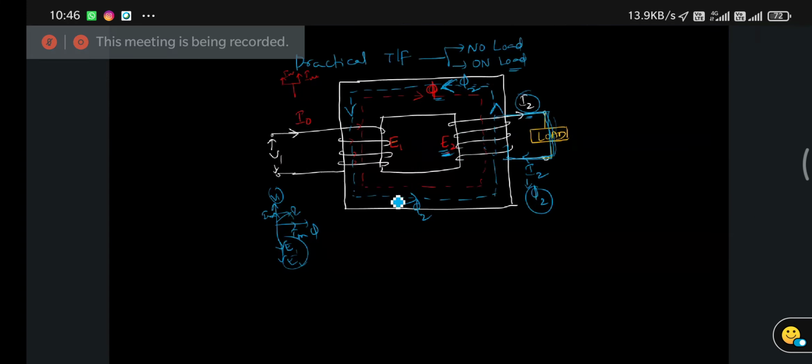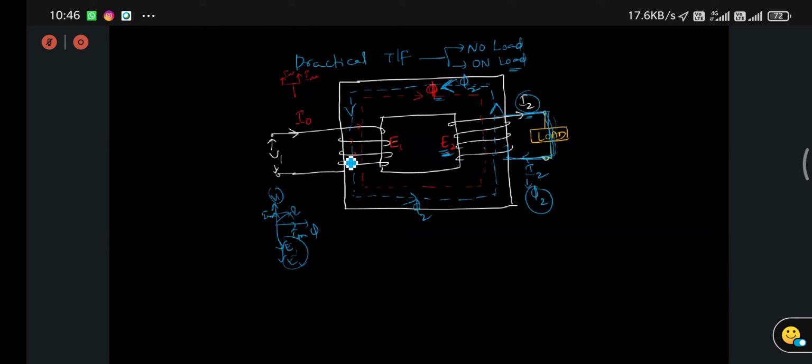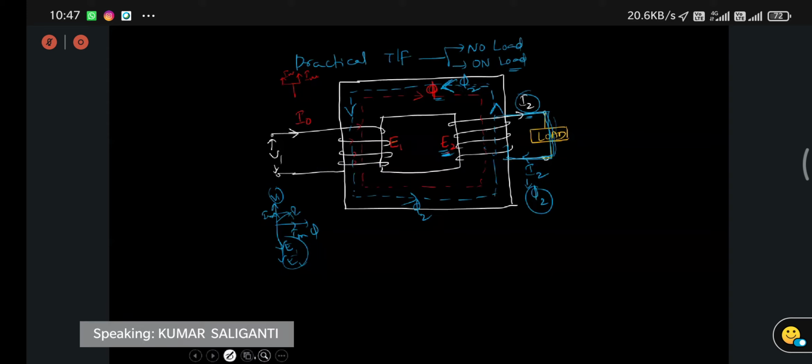This flux links with the primary winding and secondary winding. When this Φ2 links with the primary, an EMF is induced here. What type of EMF?